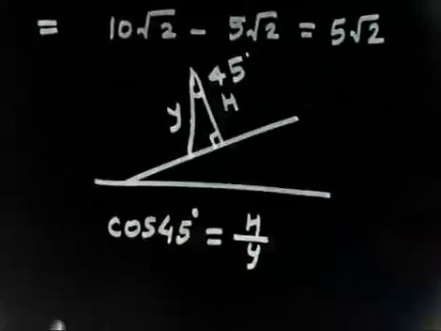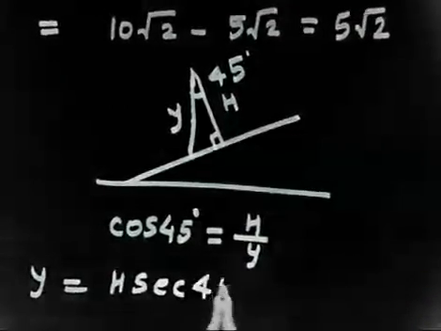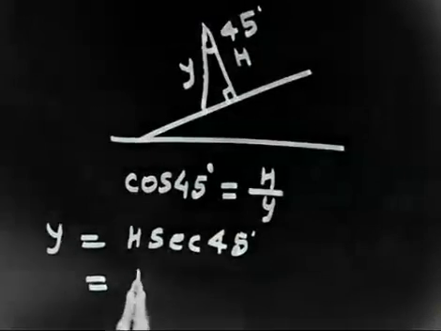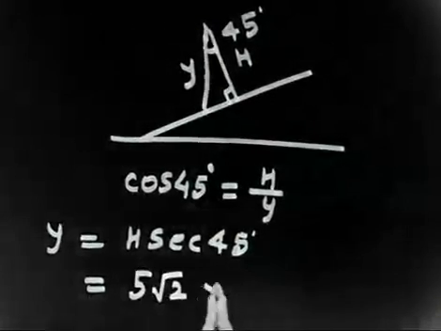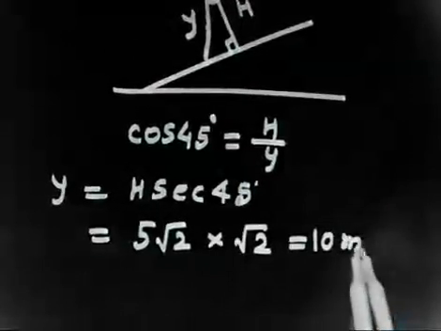Are you getting? So BY is nothing but h sec 45. So you will have, you see, 5 root 2 sec 45, that is 1 by cos 45. So this is 10 meters.